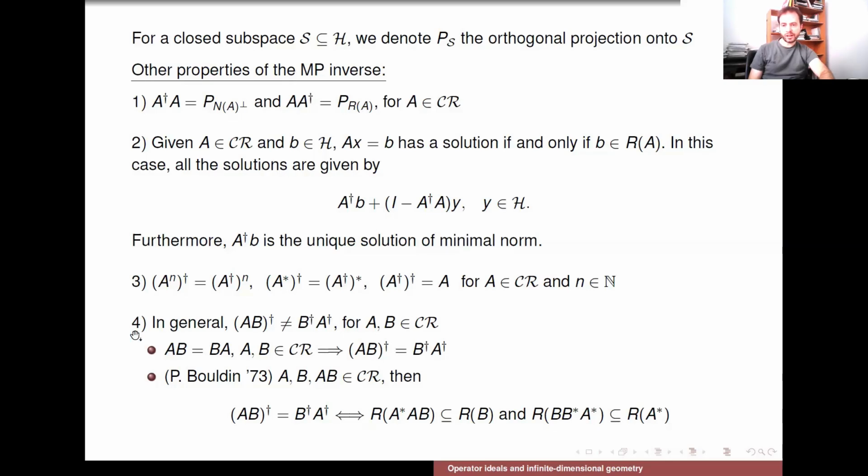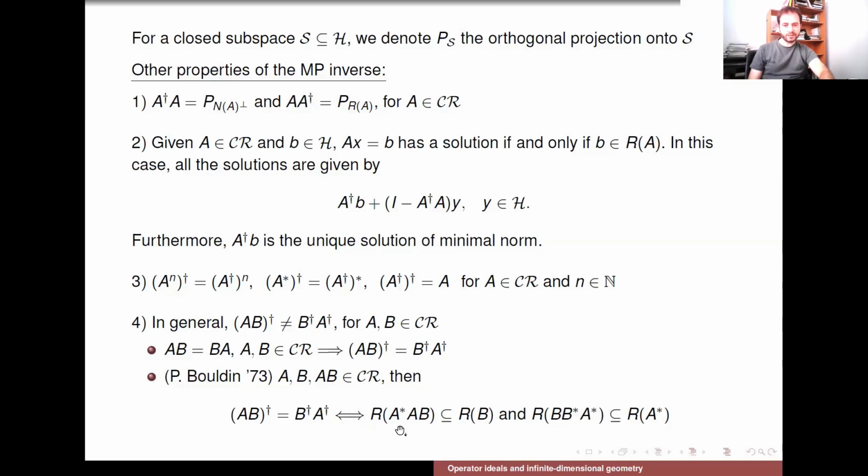And here in the fourth item, we have that this property in general does not hold. In fact, the product of two bounded linear operators with closed range may not have closed range, but in this case, when the operators commute, this property holds, and there is a result by Bouldin that gives a complete characterization in the case that we assume that the three operators have closed range.